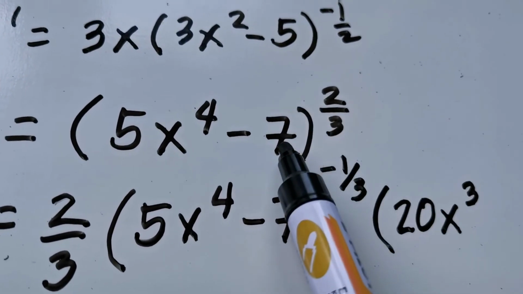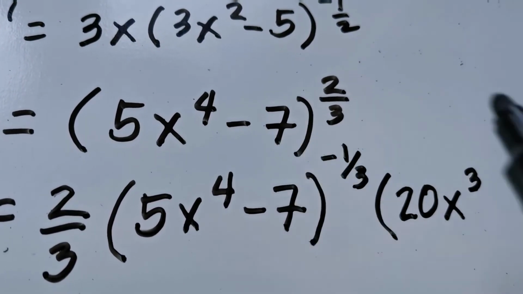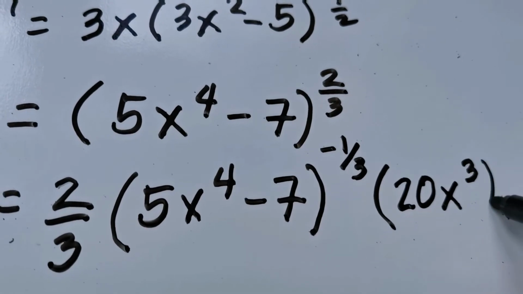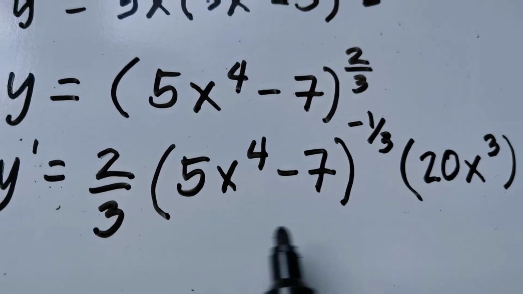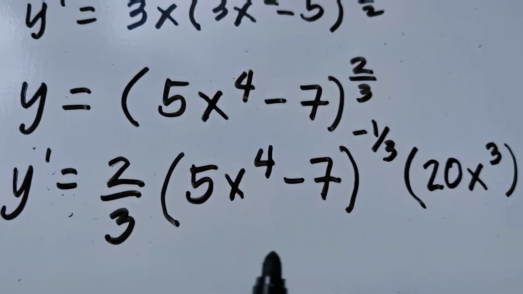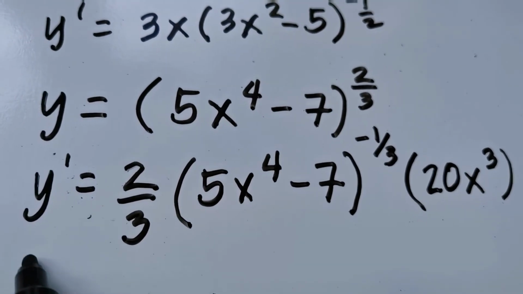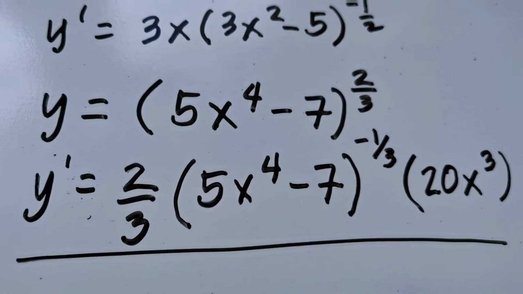The derivative of a constant is 0, so we don't need to write 0 anymore. We cannot simplify 3 and 20, so that could be our final answer.